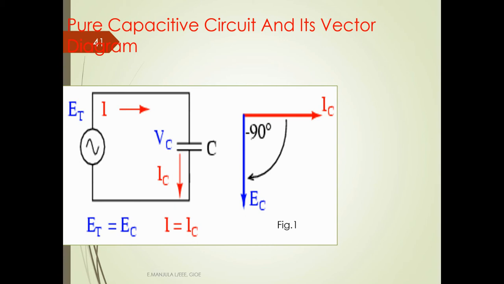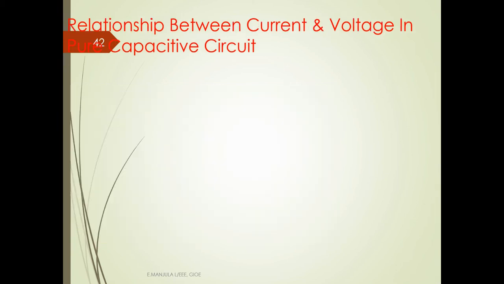An AC source is connected to a pure capacitor, and this is indicating the IC current, which is flowing through the capacitor, and I is the current which is coming from the source. Here if you observe, the IC current is leading the voltage.